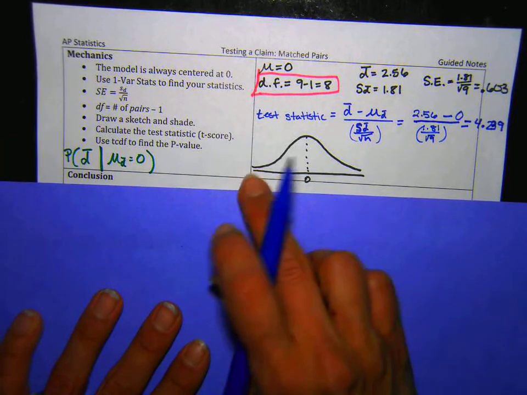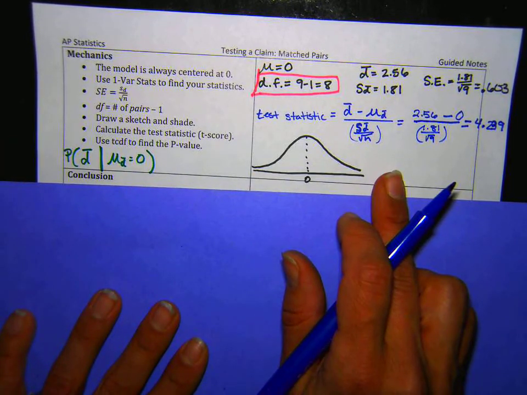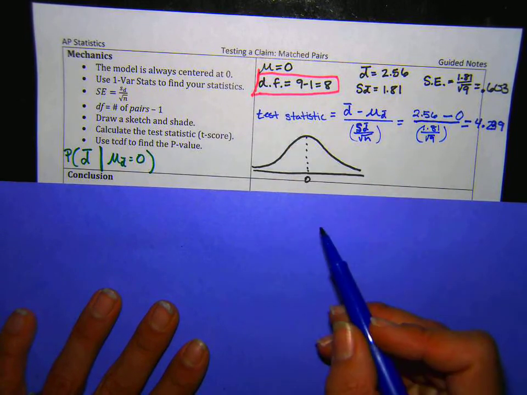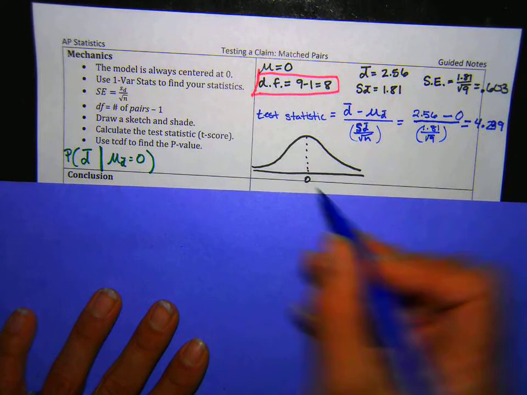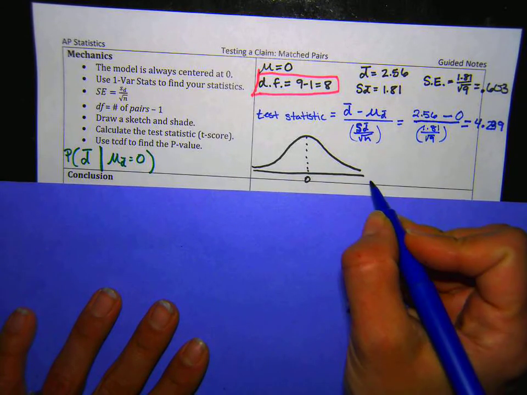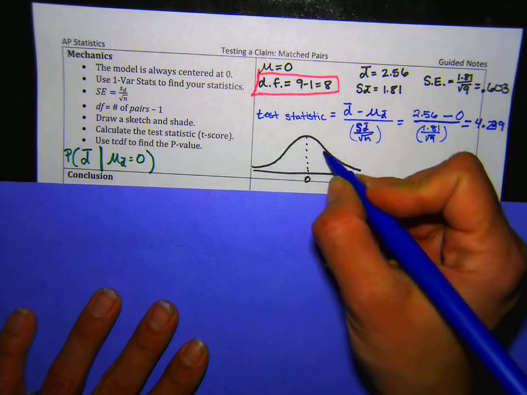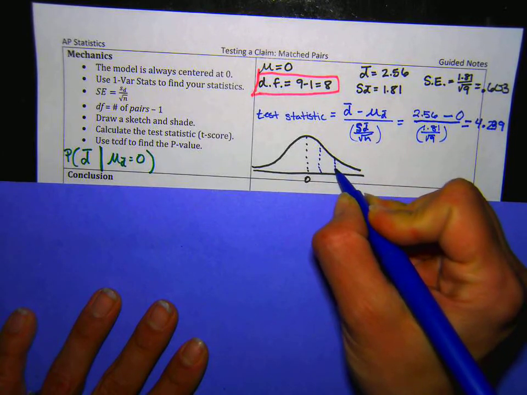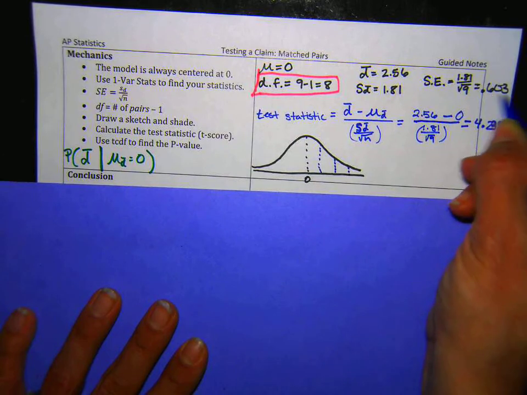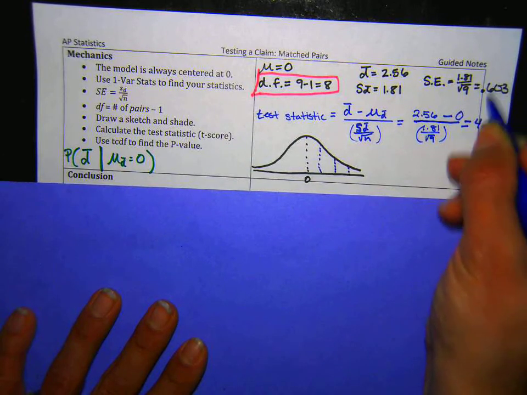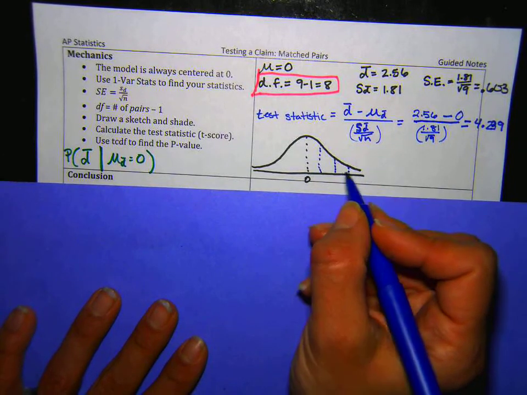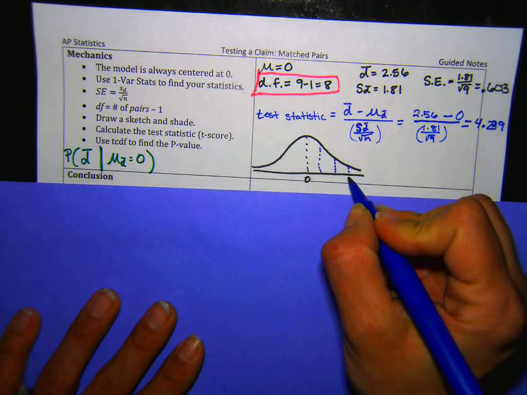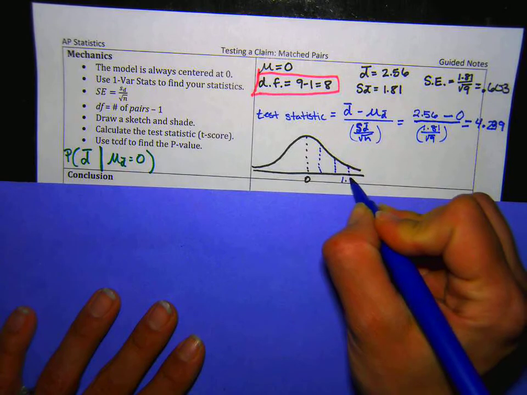Well, think about our distribution. If this is centered at 0, we said our mean was 0, and I go out to 4.239, that is beyond 3 standard deviations from our mean. If I go 1, add 2, add 3 of these standard deviations, that value, 3 standard deviations, is 1.809.